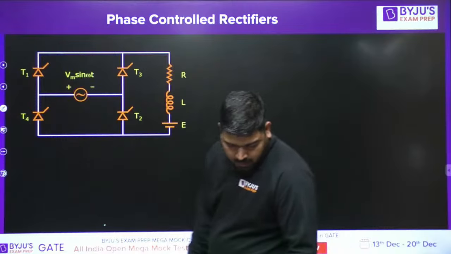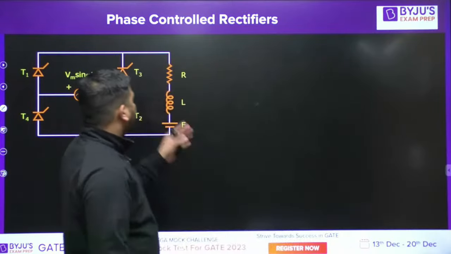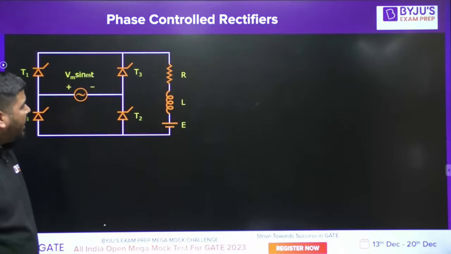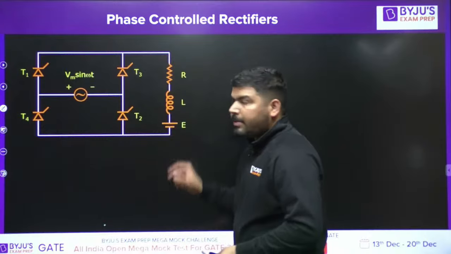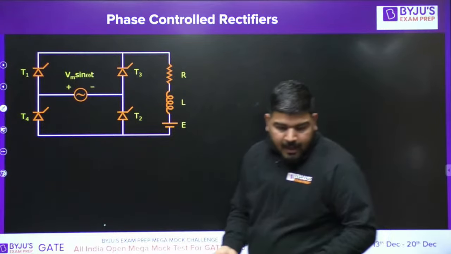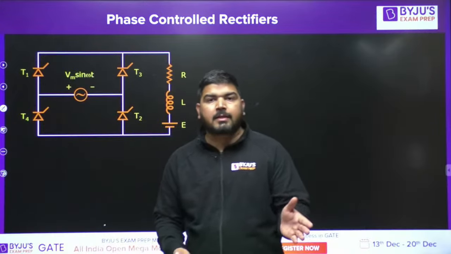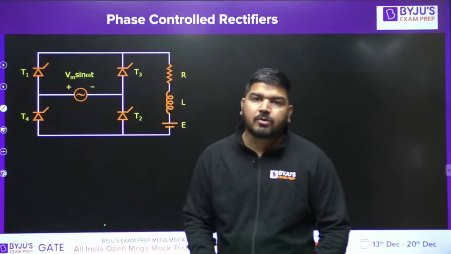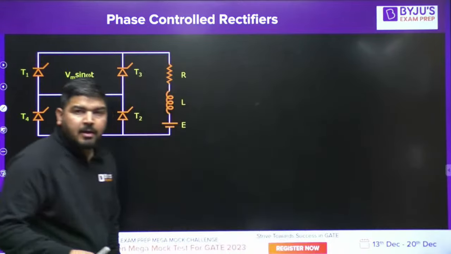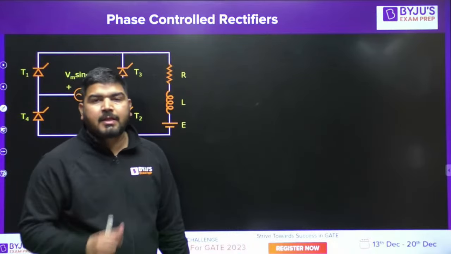Now let's come to the RLE load. Now I have an RLE load. Again in RLE load, the E came into the picture. It means again there are three types of cases. One is continuous conduction, the next is discontinuous conduction, and the next is just continuous conduction. So there will be some alpha for which the conduction will be just continuous.